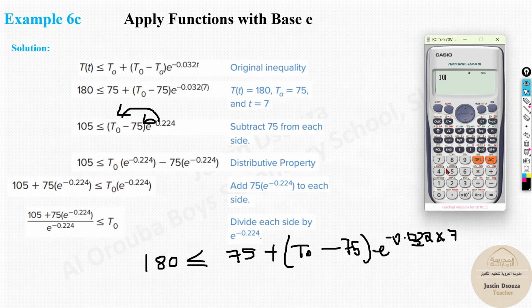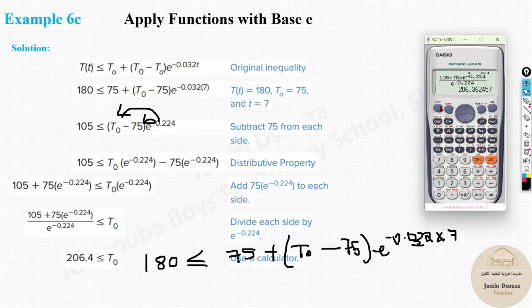Now we can put all this in the calculator together. Here it is shift e to the power negative 0.224, and up above it is plus 75 multiplied with shift e to the power negative 0.224. What is the answer? It's 206.4.